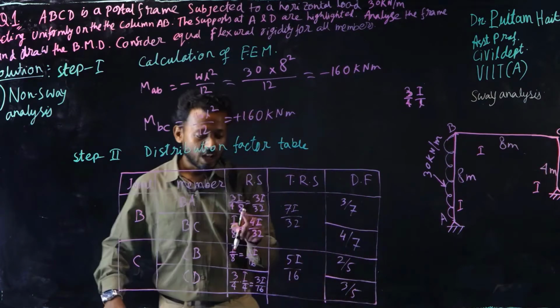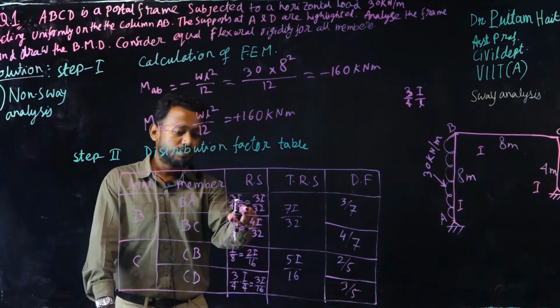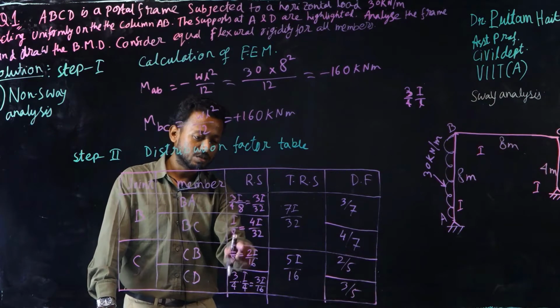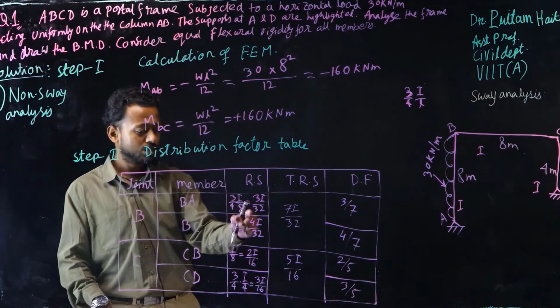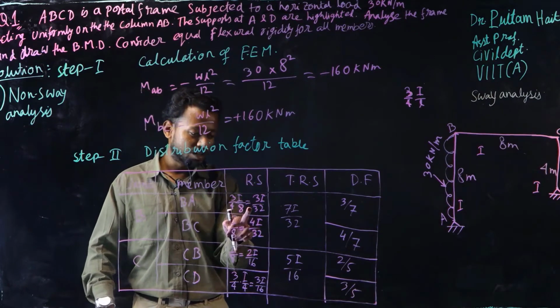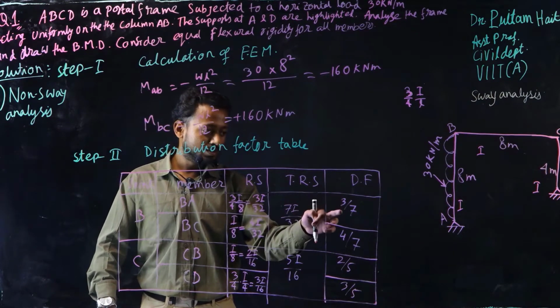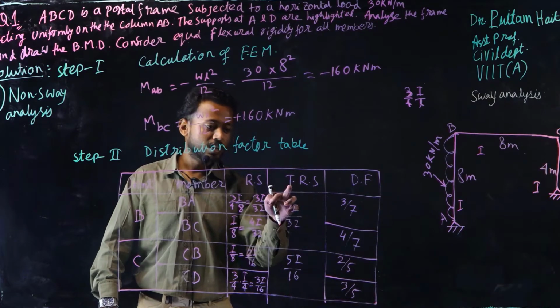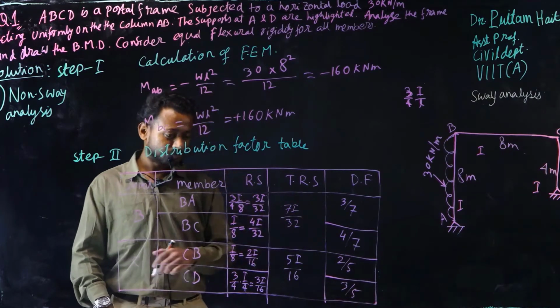See here, I have arranged this fraction in terms of 1 upon 32, 1 upon 32, because when I add these factors and find the distribution factor, it will be easy to calculate.